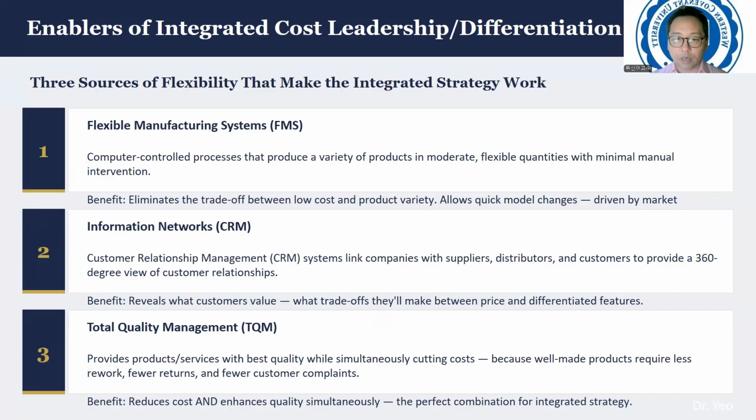Making many different products is very expensive, and mass producing just one product is cheap, but customers don't have many choices, right? So there are trade-offs. Using computer-controlled processes, firms can switch between producing different products quickly and cheaply. So the flexible manufacturing system is number one.